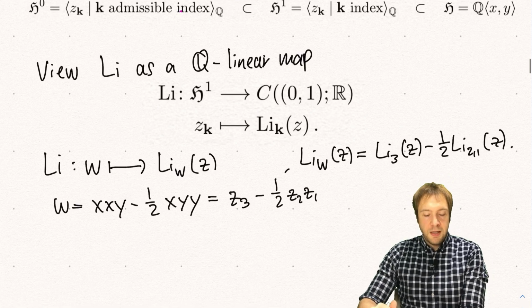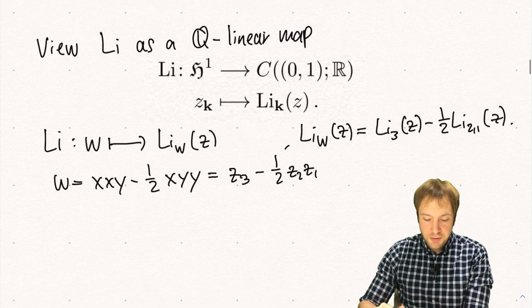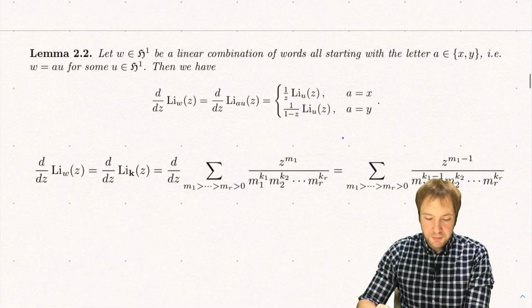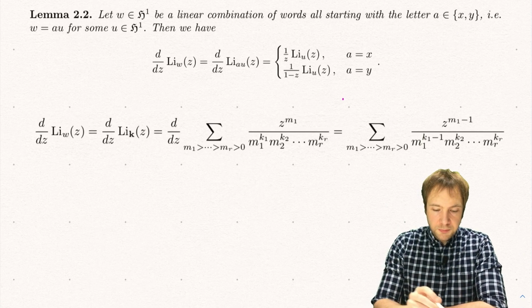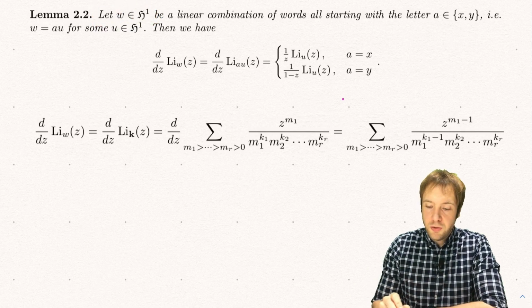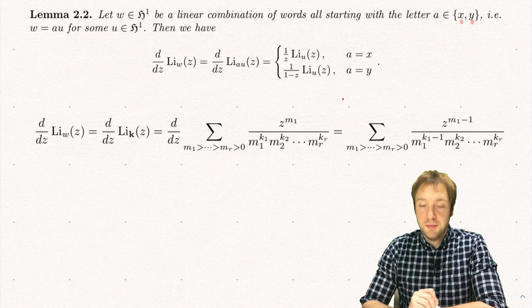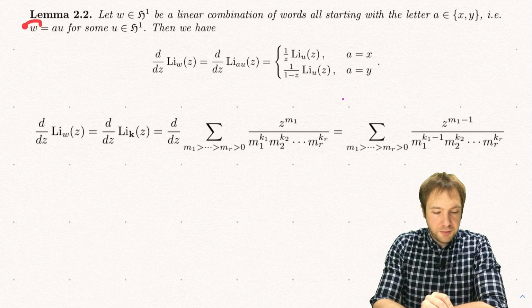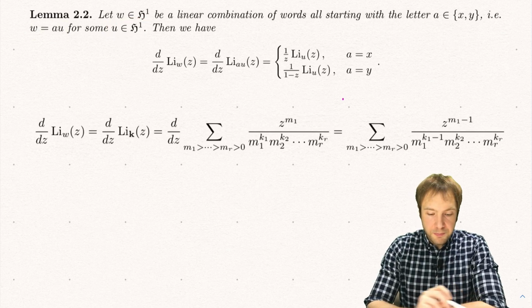And now we want to prove a lemma for this multiple polylogarithm, which will be important for the iterated integral expression. And the lemma is the following. So the statement is now, if I have a linear combination of words, so elements in H1, which all start with the same letter, which I denote by A. So A could be either x or y. So in other words, this W can be written as A times U, where U is an arbitrary element in H1.